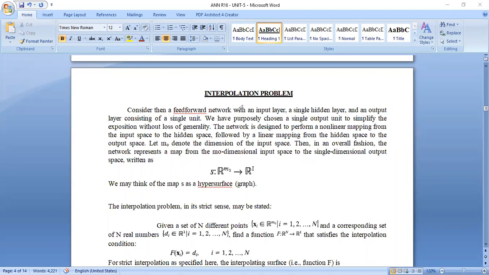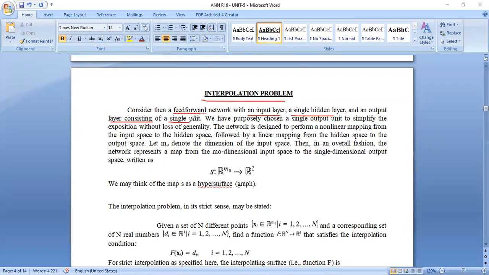Hi everyone. In today's class, we are going to learn about the interpolation problem. First of all, we will see one feed-forward network. Suppose we have a feed-forward network with an input layer, a single hidden layer, and an output layer consisting of a single unit.